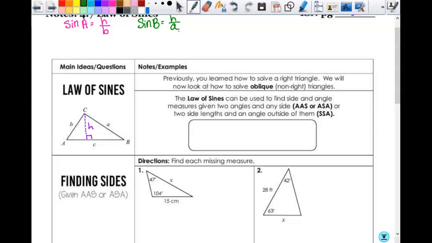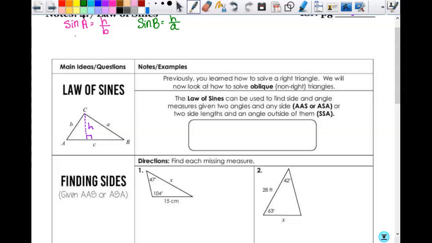This isn't how you actually use the law of sines. So these two equations, what do they have in common? They both have a height in them, and they're both in sine. But this is angle A and that's side a, so they don't really have that in common. They both have an h in there, so it's the same height. Different angles, different side lengths, but the height is the height.